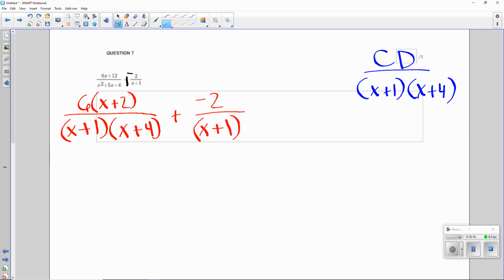So, good news is this left denominator is already the same as the common denominator. So we don't have to do anything to that left-hand side. The right-hand side needs an x plus 4. So multiply bottom and top by x plus 4.